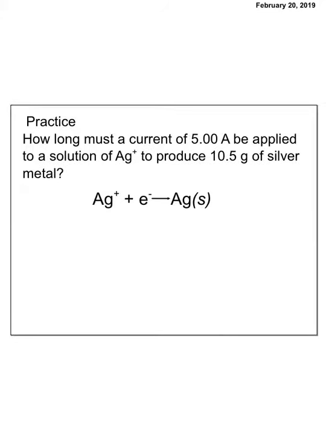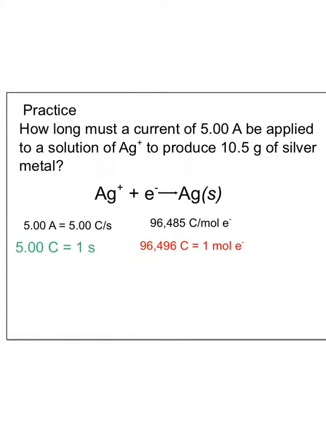So our first step is to write the half reaction showing what is actually happening. If I have a solution of Ag+, it needs to gain 1 electron to form solid silver. Okay, so there's my half reaction. And the problem gave us some other useful information, and then there's some things we just know, some things that would be on your formula sheet for the AP exam.